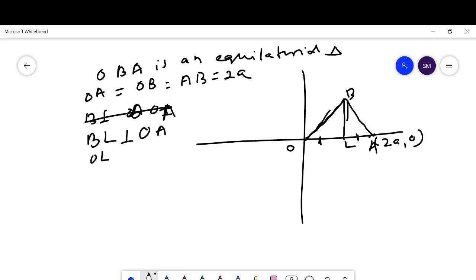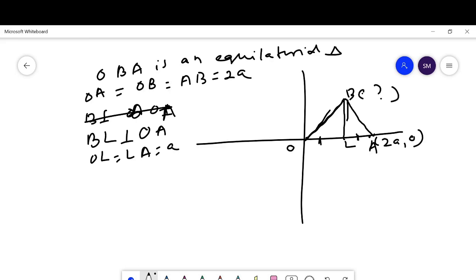Then OL is equal to LA is equal to a. Then we have to find out the coordinates of the point B.